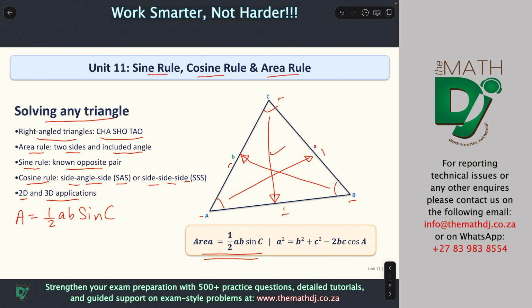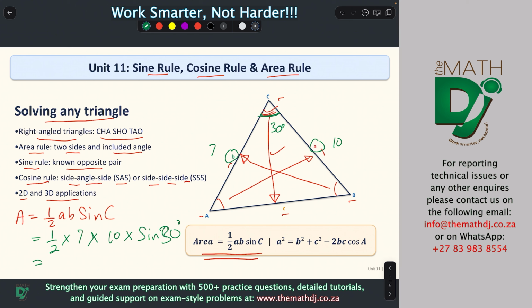So if you are given this angle C, then it means you use A and B. Let's say, for argument's sake, this is 8 and this is 10, and this angle is 30 degrees. So it will be half times 8 times 10 times sine 30 degrees.